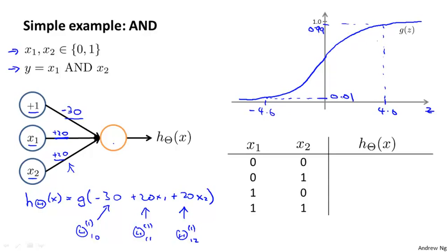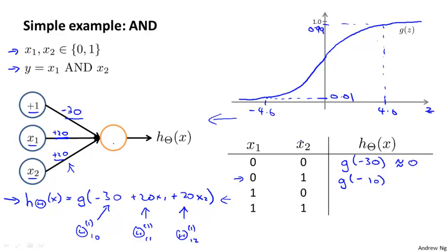Let's look at the four possible input values for x1 and x2 and look at what our hypothesis will output in that case. If x1 and x2 are both equal to 0, then the hypothesis will output g of -30. So it's going to be very far to the left of this diagram, so it'll be very close to 0. If x1 equals 0 and x2 equals 1, then this formula evaluates to g of minus 10.